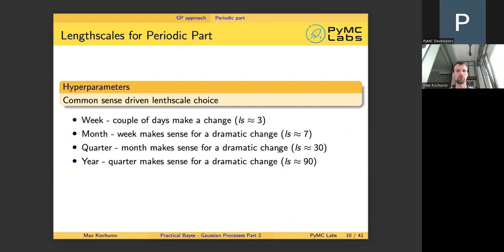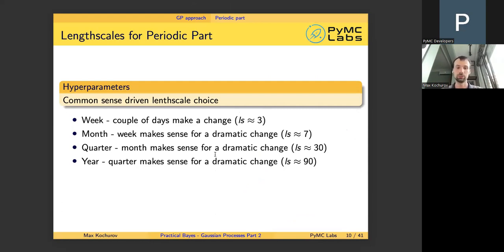When it goes to specify length scale parameters in the kernel, there is a rule of thumb. There is just a consensus or preference, personal preference, of what should be the length scale for week, month, quarter, or yearly seasonalities.